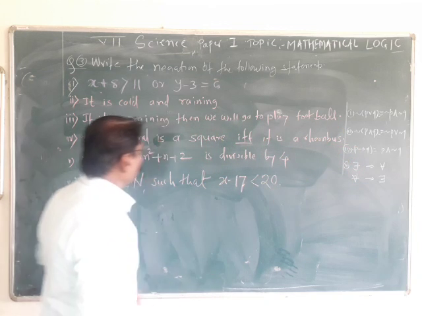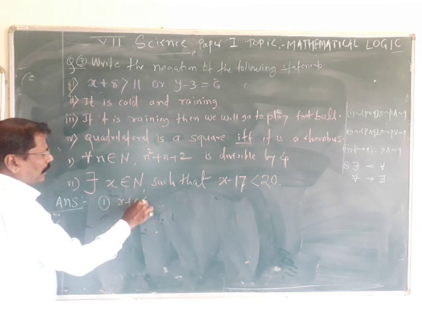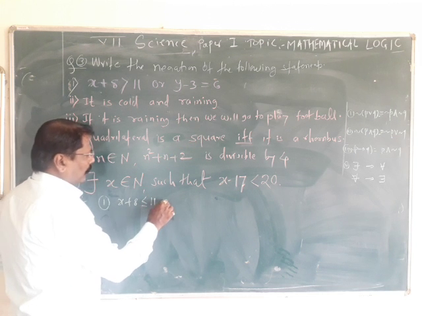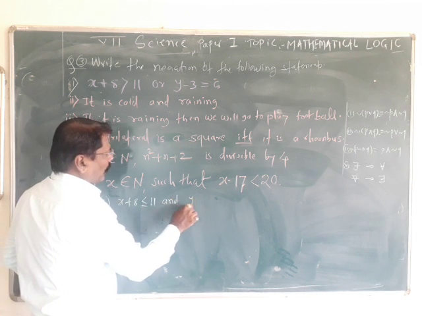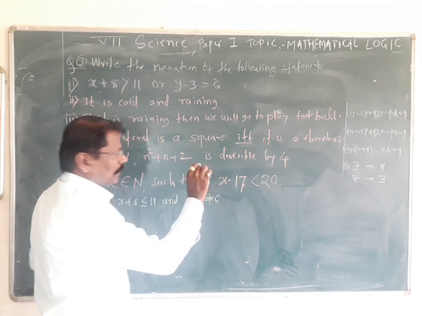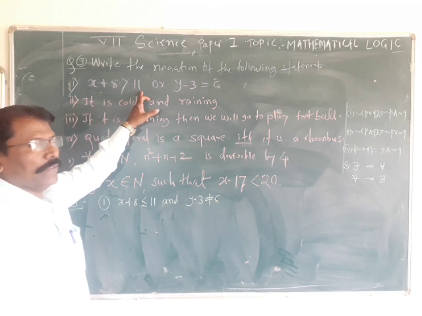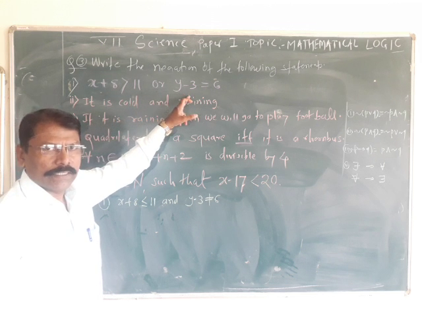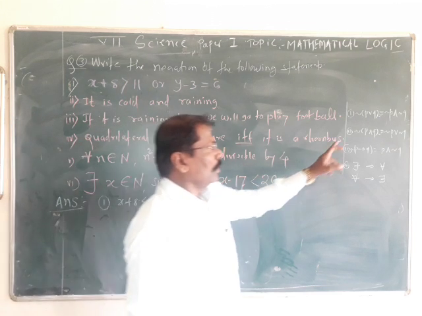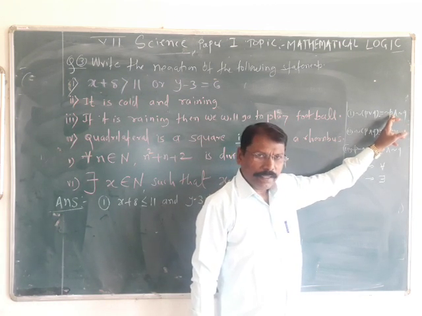So negation of P, that is x plus 8 is less than or equal to 11, and y minus 3 is not equal to 6. That is the first example. It is an or, so by using De Morgan's law, negation of P or Q is negation of P and negation of Q.